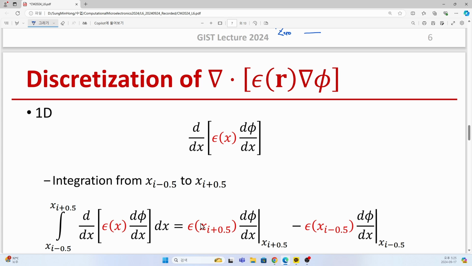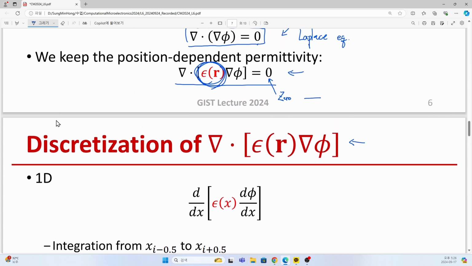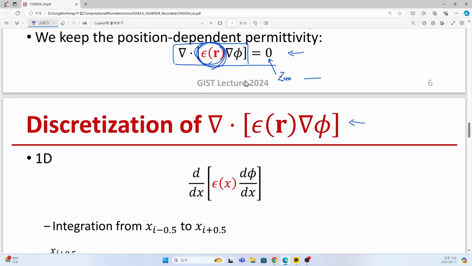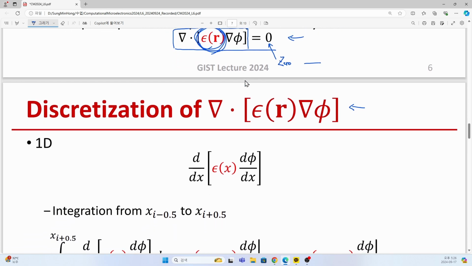Then, how can we make such a discretization for this operator? This operator is just the left-hand side term of our source-free Poisson equation. So let's just do it.